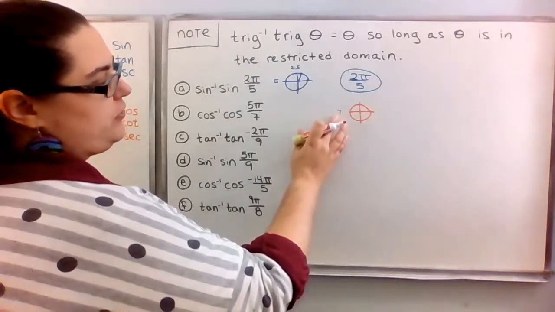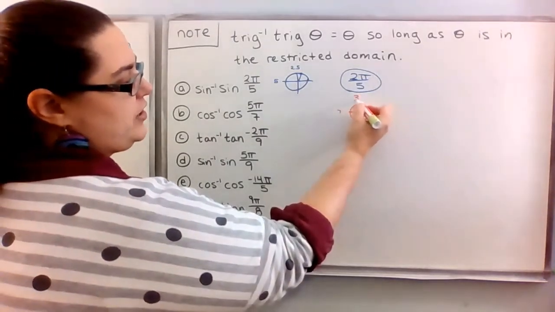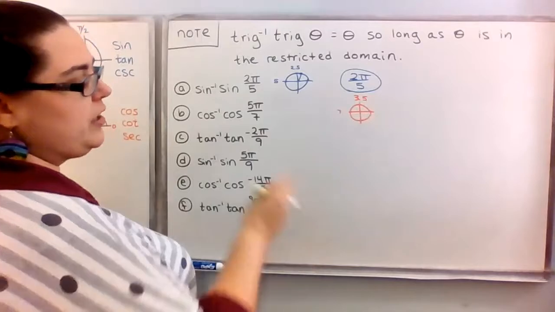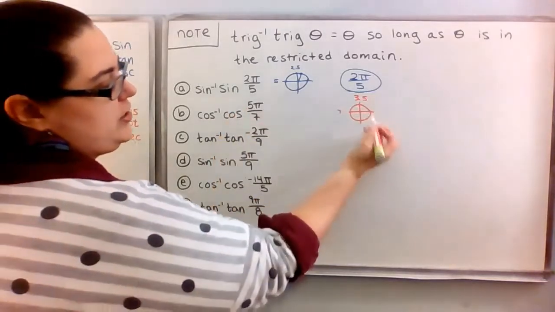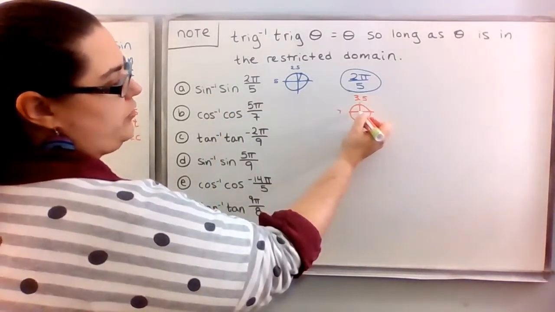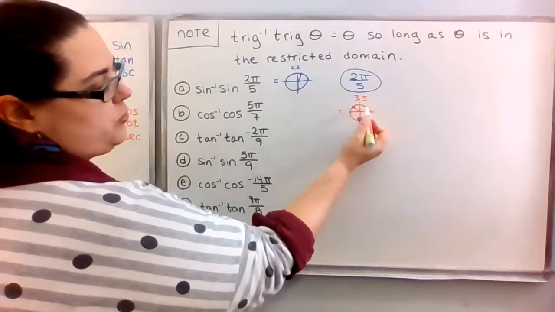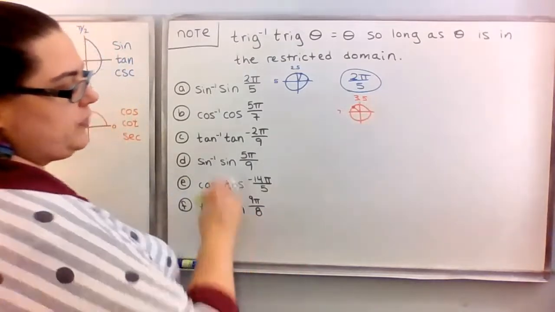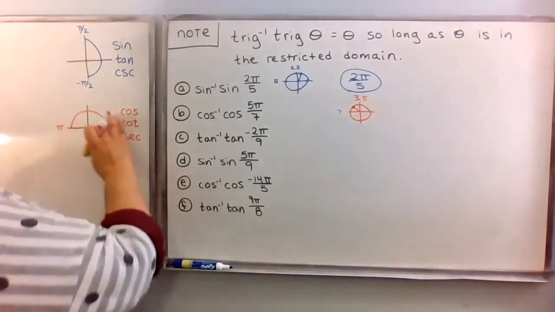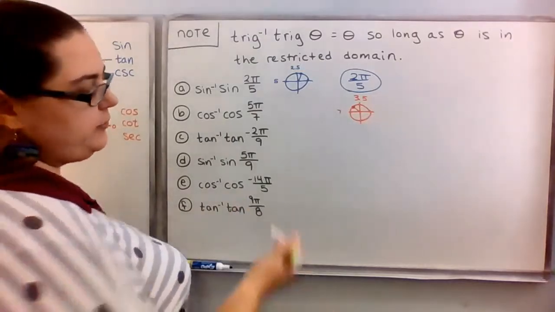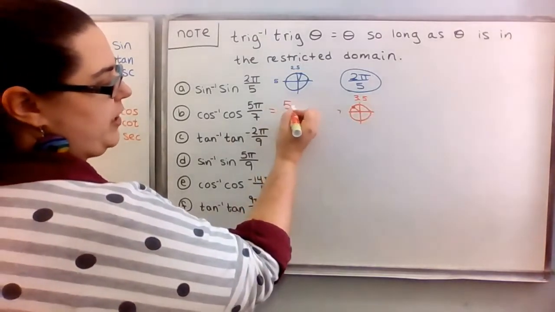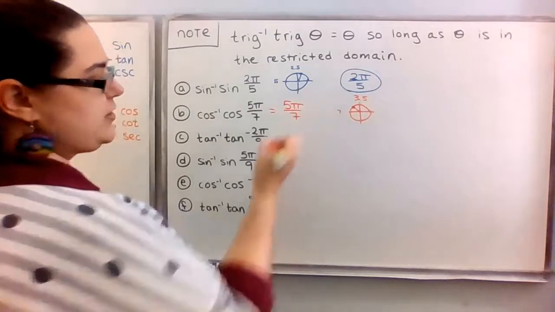So here's 7 pi over 7. Half of 7 is 3.5. So 5 pi over 7 is going to land us somewhere over here. So we're in the second quadrant. Cosine lands us in the north, so that's totally fine. So we're going to end up getting 5 pi over 7. They undo perfectly.